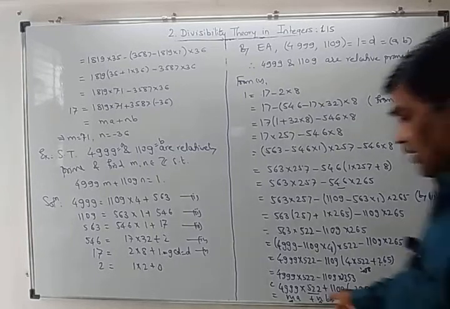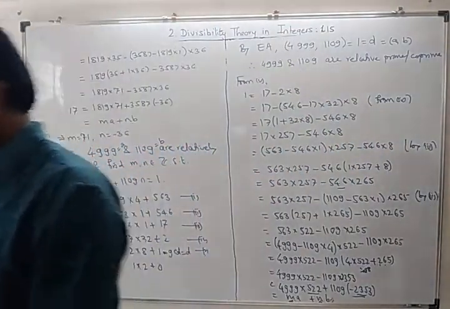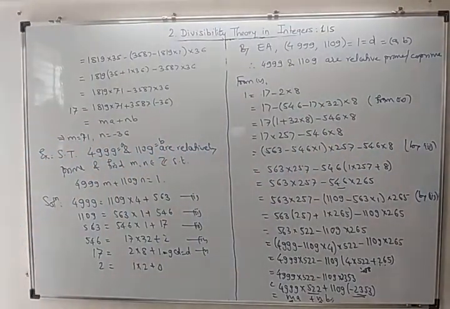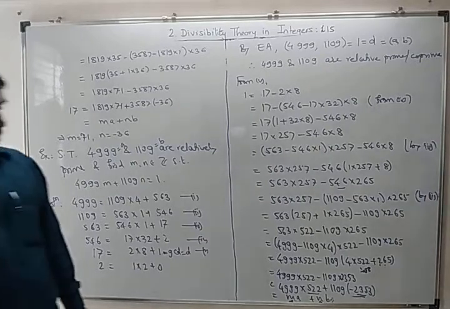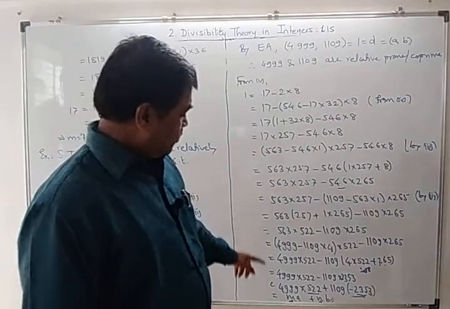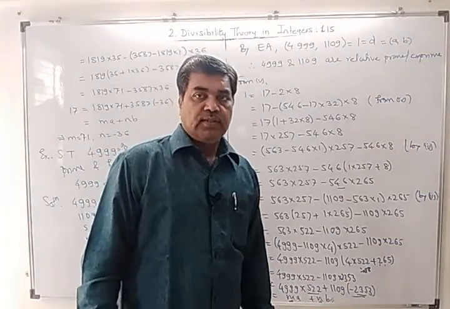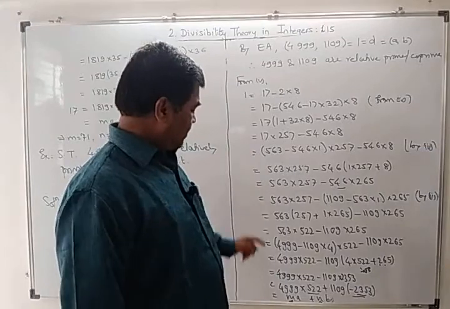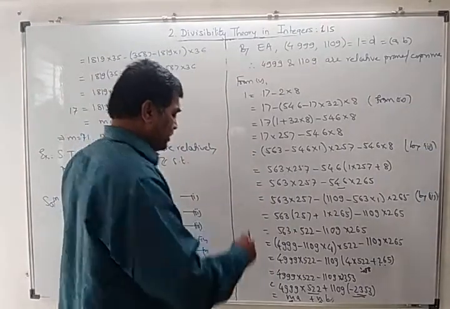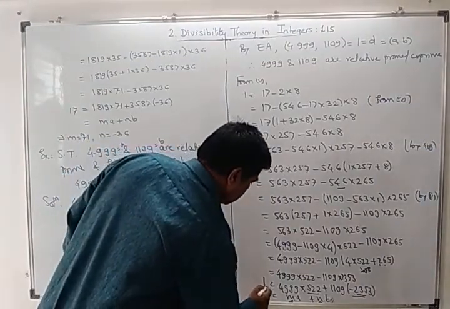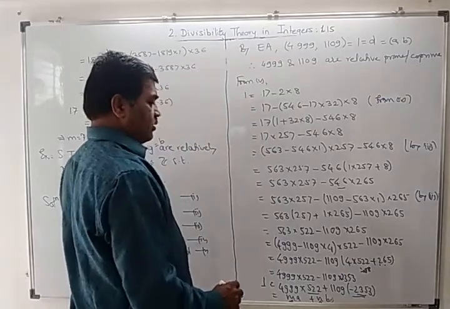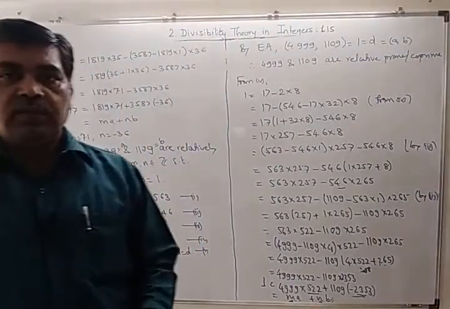So our answer is correct. Thus we express it in terms of the given two integers. One is written in terms of the MA plus NB form, right? So this is your final step.